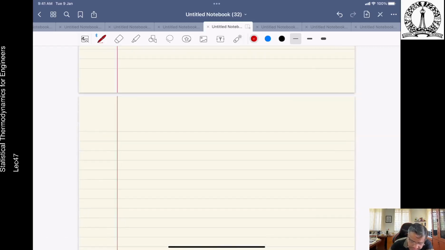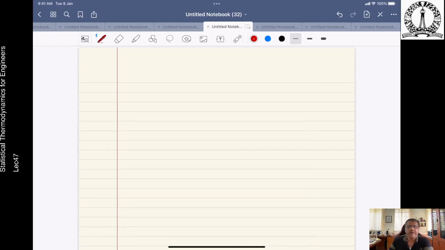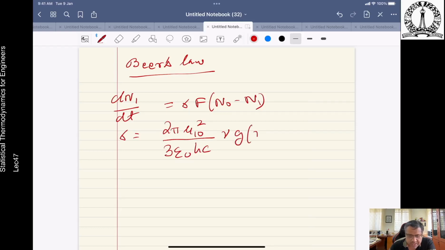So now that we have taken this detour, now you can understand when we wrote in our Beer's law, to recall your Beer's law, we wrote that dN1 by dt was equal to sigma f n naught minus n1, where sigma was equal to 2 pi mu1 naught square divided by 3c gamma g b minus 1 0.